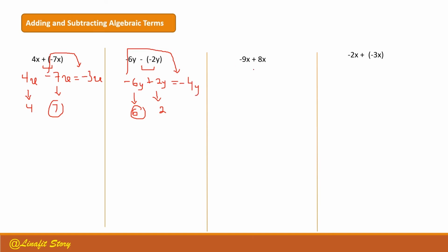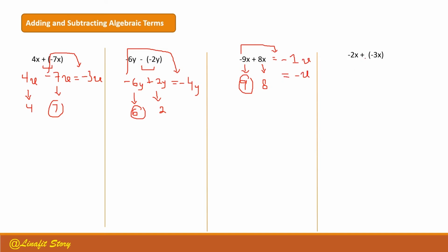Negative 9x plus 8x. The absolute value of negative 9 is 9. The absolute value of positive 8 is 8. Which one is greater? 9 or 8? 9 is greater. So copy sign. So the result is negative, and the difference between 9 and 8 is 1. Negative 1x, or let's write it as negative x.